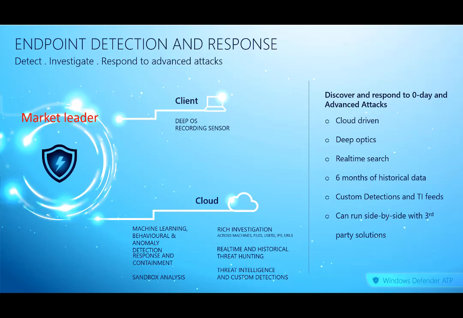We can contain that and run it in sandboxes as well, so we can pull files up to the cloud, run them in sandboxes and see what is actually the result of that file running. Is it going to cause damage? And finally, the investigation and historical analysis, all of that is available to you for up to 6 months. So we collect 6 months of data on everything that's been reported in, and that can be searched upon.